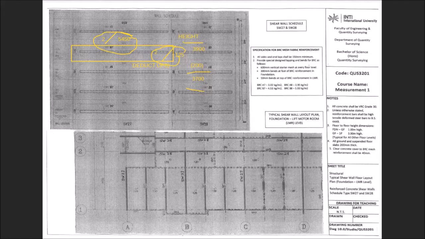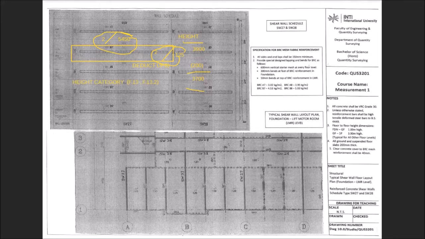Now, another part that you have to take note of is when you write the description, you have to take note of the description for the height category. You can open your SMM under the height category for the wall. This one had been mentioned, F.13.